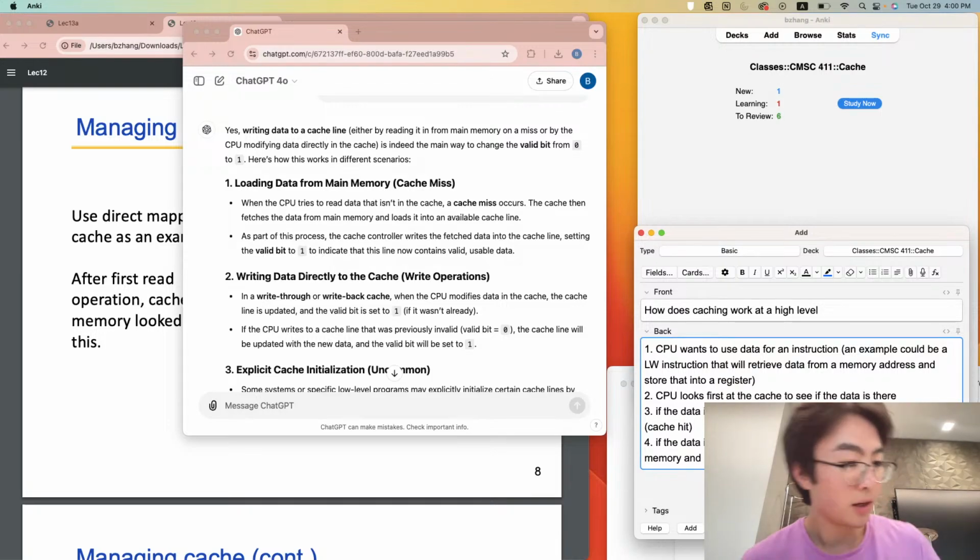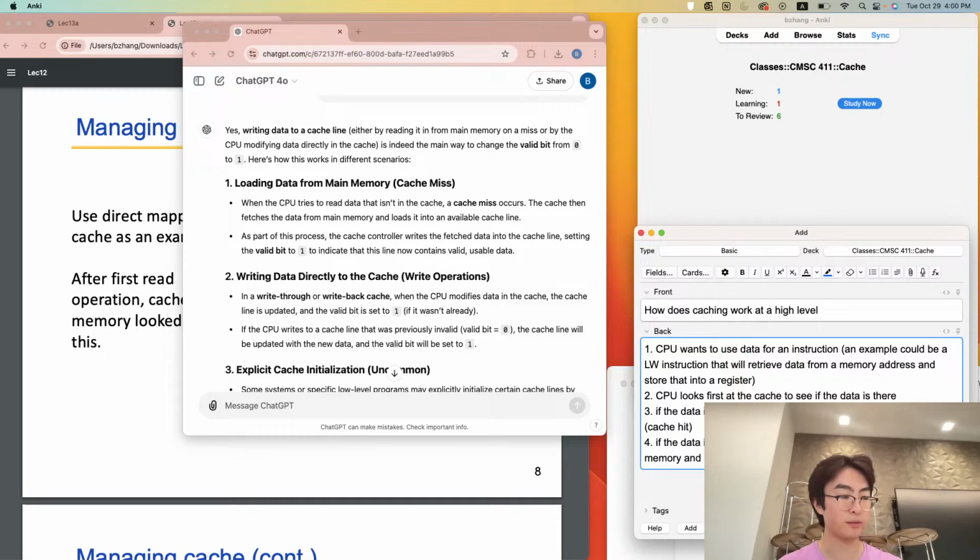Okay, right. So an example could be a load word instruction that will retrieve the data from a memory address and then store that into a register.